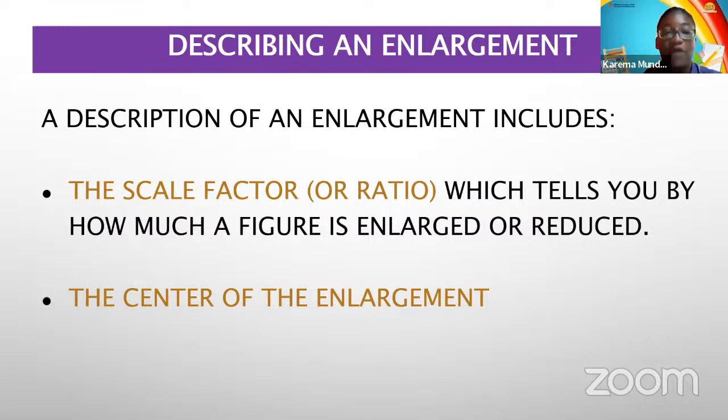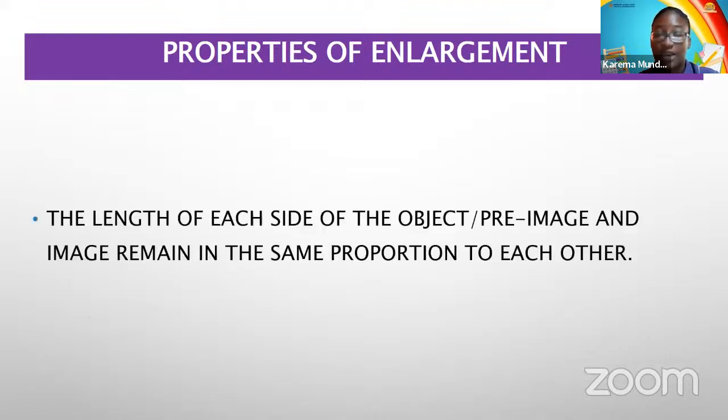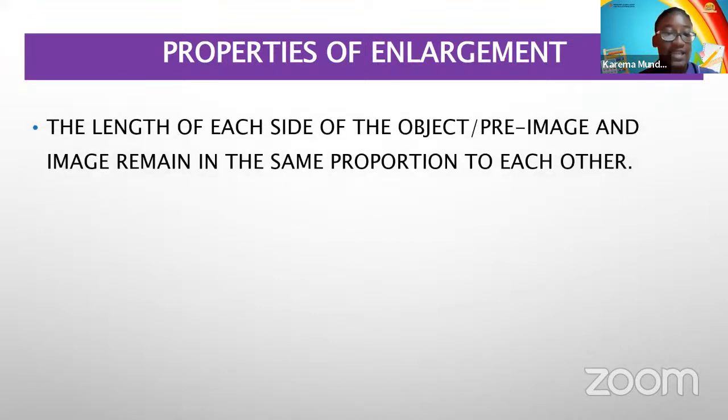All right, but for now, I just want to combine what we just explored, and you can take some screenshots of the things that we noticed as we explored GeoGebra. The properties of the enlargement that we would have seen is that the length of each side of the object and the image remain in the same proportion to each other.